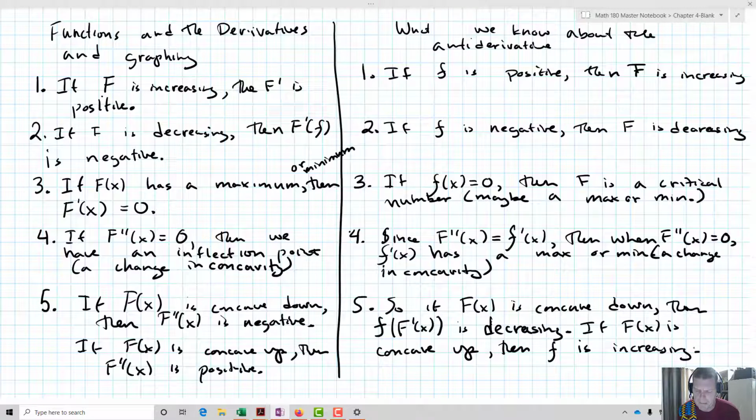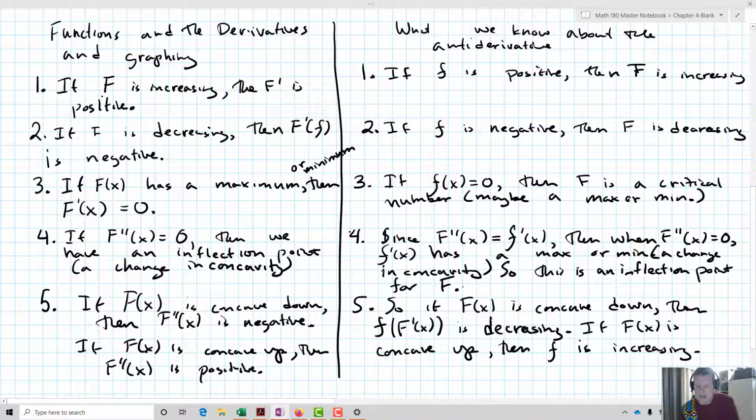Since f double prime of x is equal to the derivative of f prime of x, when f double prime of x equals 0, f prime of x has a max or a min, and that means that's an inflection point. So this is an inflection point for big F. And then if big F of x is concave down, then little f is decreasing. If big F of x is concave up, then little f is increasing.